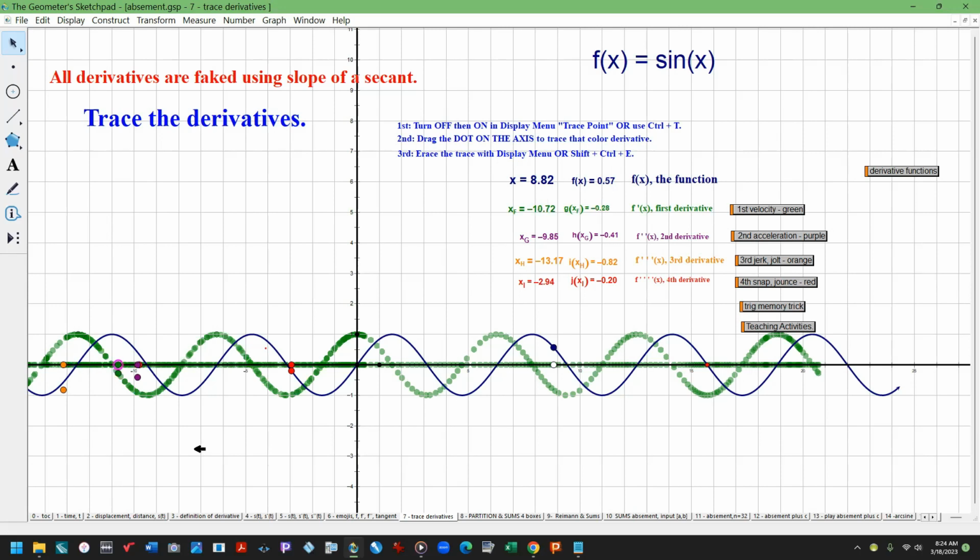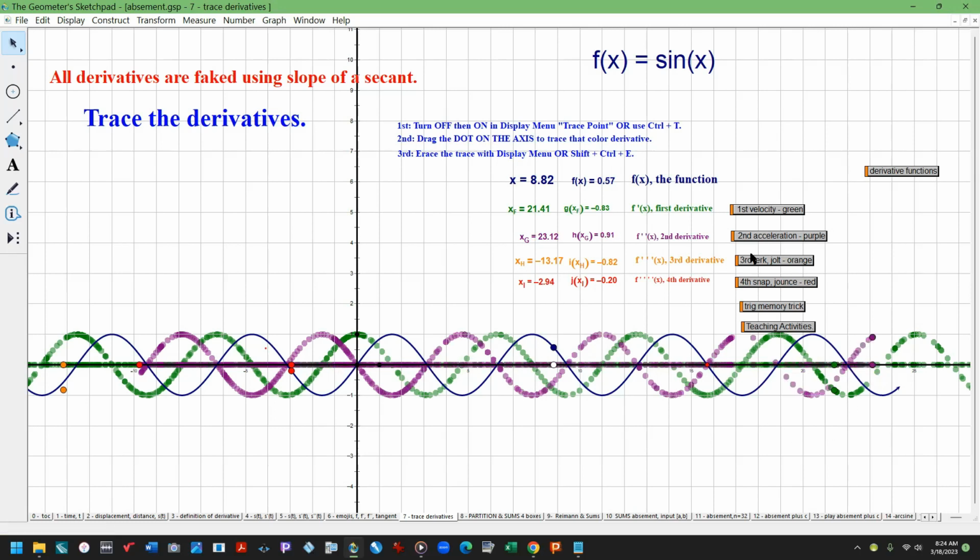Clearly, that's the cosine. Let's just move this over. Well, what's the derivative of the cosine? That would be the purple one, the second derivative. The derivative of the cosine is the negative sine.